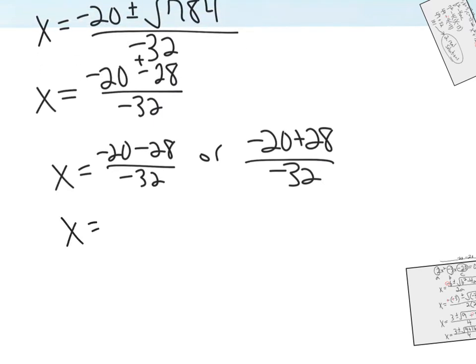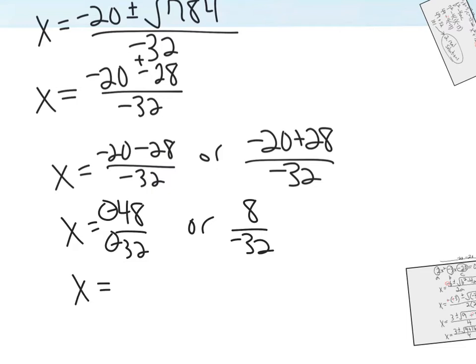So this would be negative 48 divided by negative 32. This would be 8 divided by negative 32. Negative divided by negative is positive. And if you divide that out, it's 1.5.